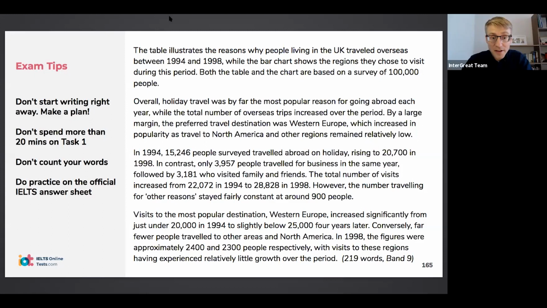Yeah, I mean, one thing I would say is if you're already on a band 8, a lot of native speakers, the first time they do an IELTS test, are likely to not get a band 9 as well, just because you might miss an answer, you might lose focus in the test.